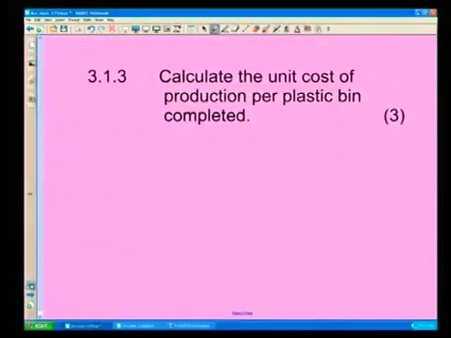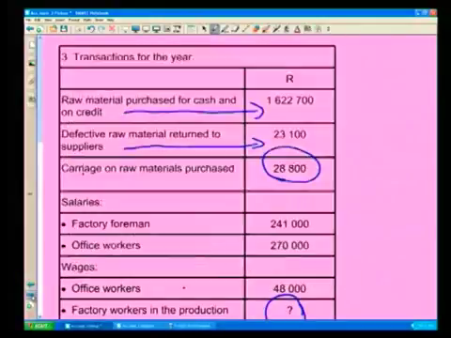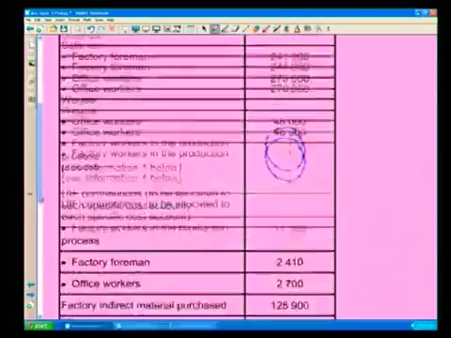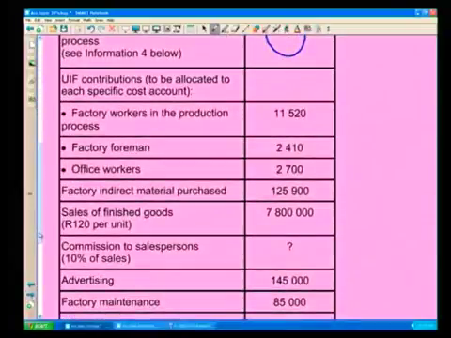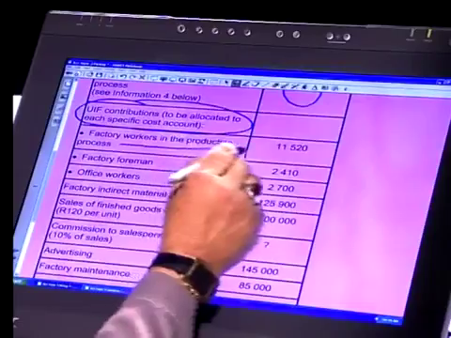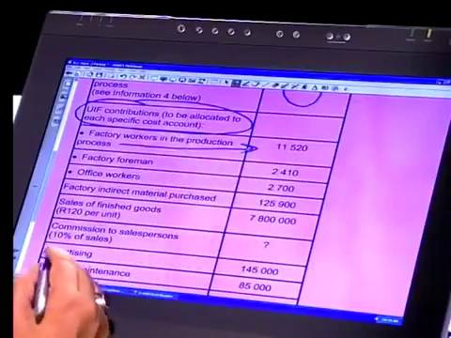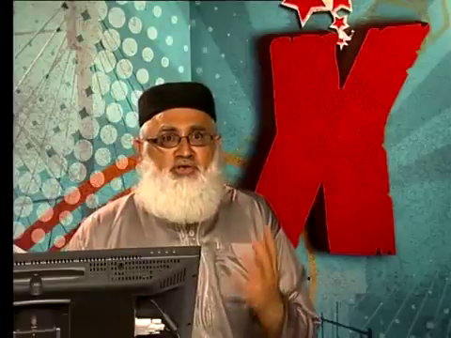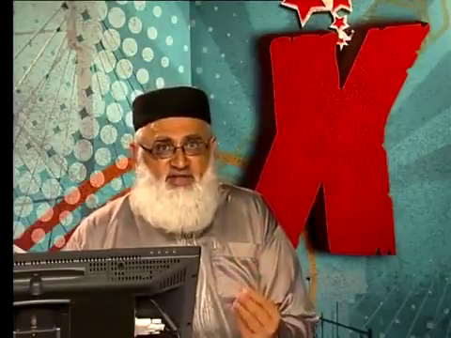Was it all about the workers that we had? No, we had other information as well. If we go back to our question here, what are we told? UIF contributions to be allocated to each specific cost account.